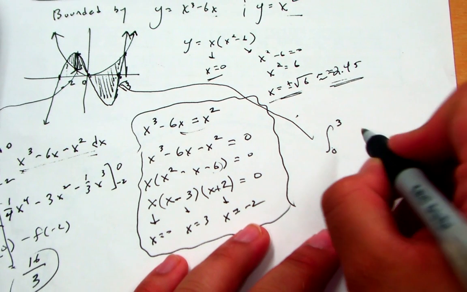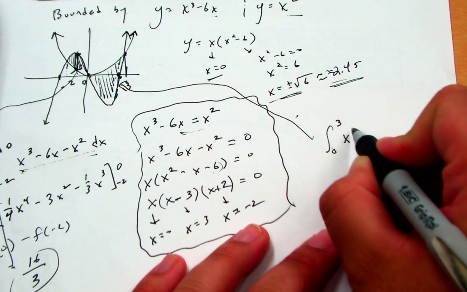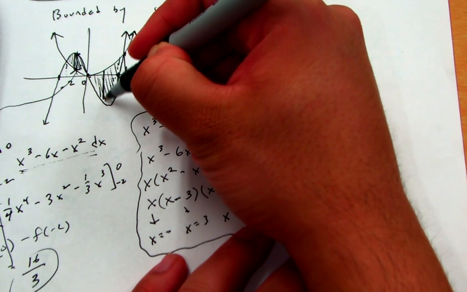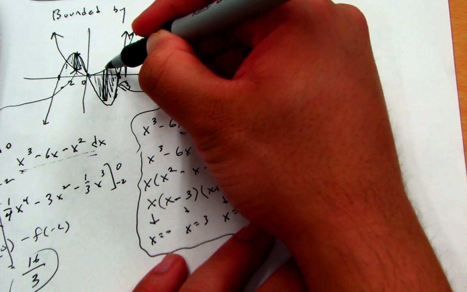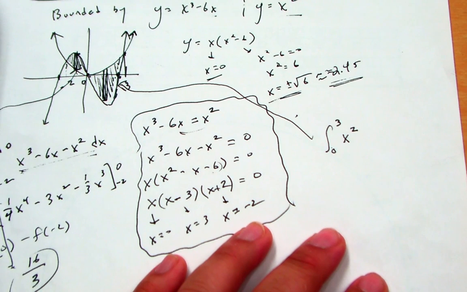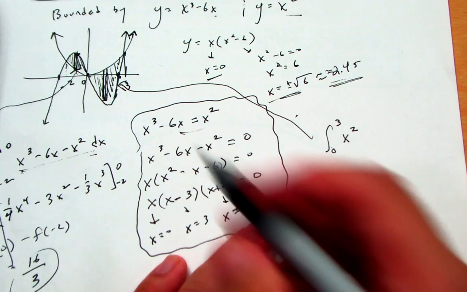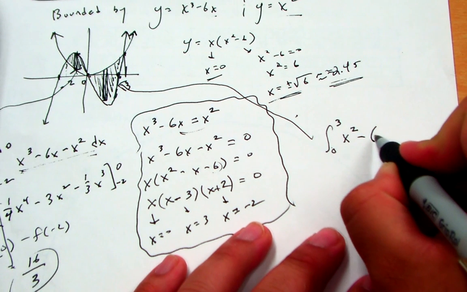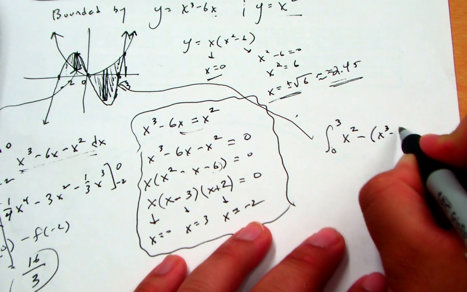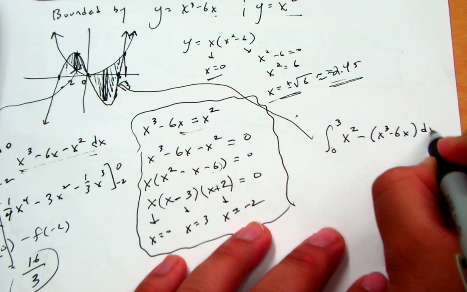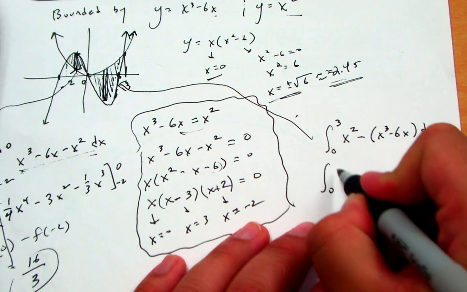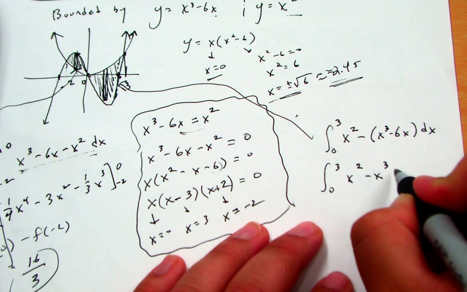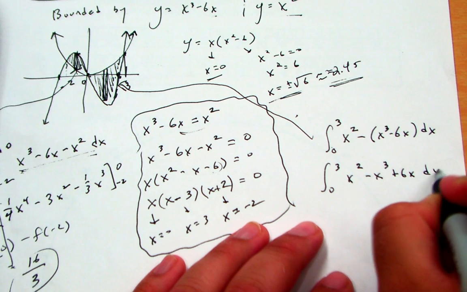So I'm going to be very careful with my negatives here. x squared is my first function, the upper function, because I'm adding together infinite slices that are dx wide, and it looks like parabola minus cubic, or top minus bottom in this case, would be x squared minus the cubic function minus all of the cubic functions. So I'm going to put that in parentheses there. dx. Okay, so 0 to 3, if I distribute, I get x squared minus x cubed plus 6x.